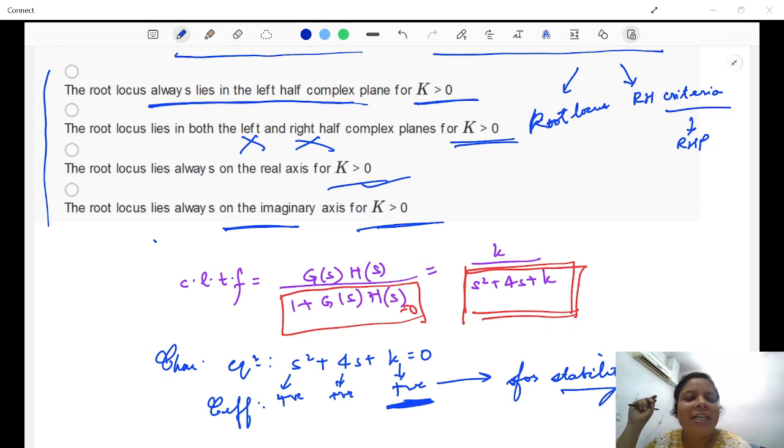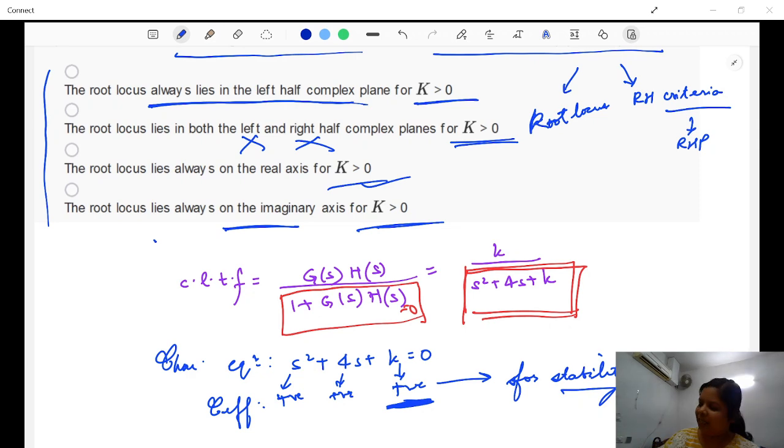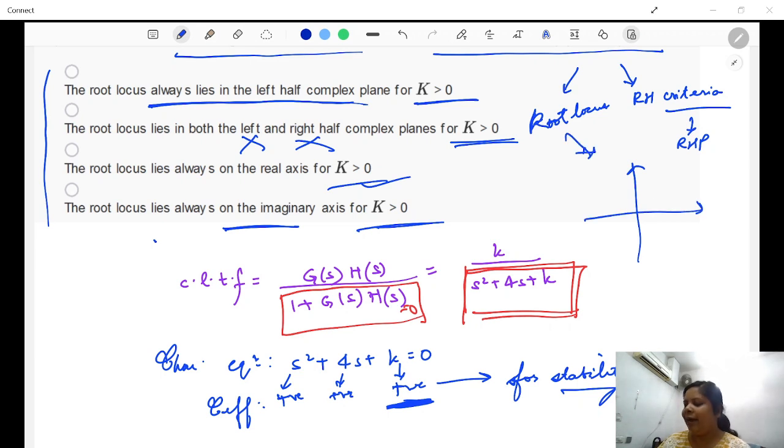But if you want to check whether it lies on the real axis or the imaginary axis, it is also very easy. It is just the first step of the root locus. You find where the poles and zeros are, and then find which parts lie on the locus.